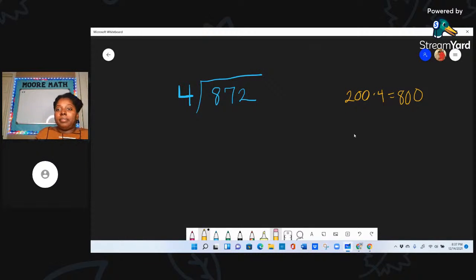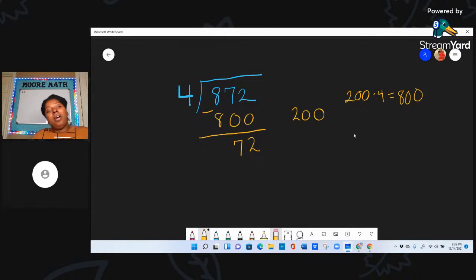What else do we have? So we have 200 already, right? So that's 800. Now, 2 minus 0, 2. Good. 7 minus 0, 7. Okay. Now, how close can we get?